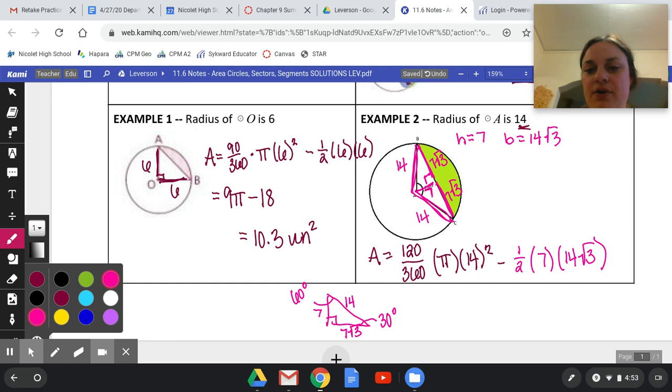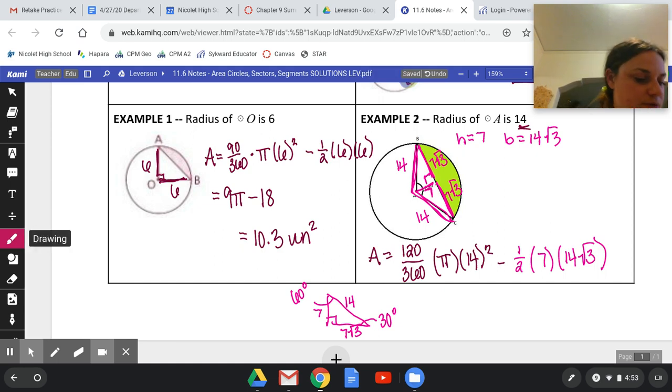If I simplify this, 120 over 360 times 14 squared, this is another one of those fractional ones.